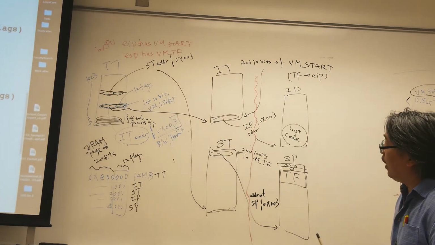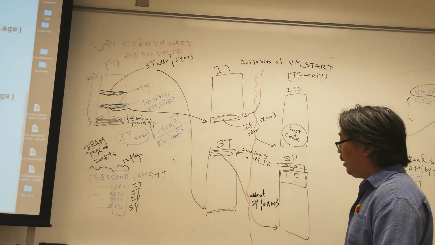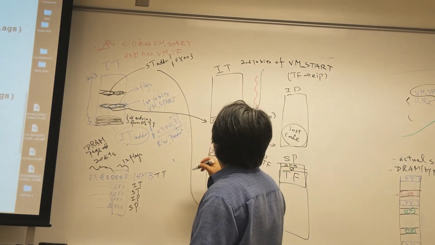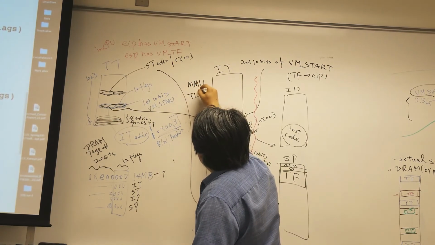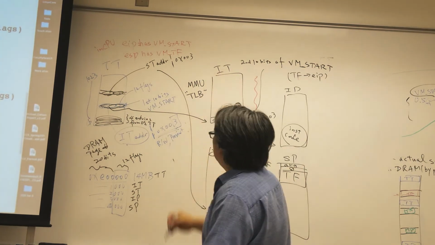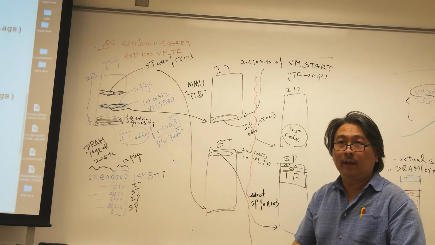And these are cached in the MMU TLB. You remember TLB? MMU has TLB, right? What's TLB? That's the cache, the translation look-aside buffer.